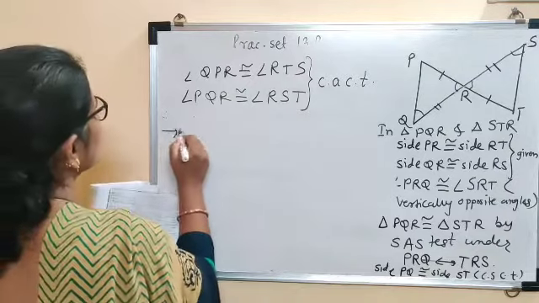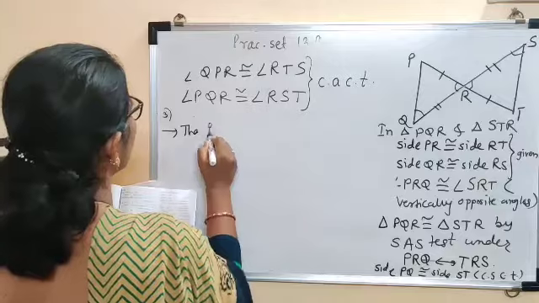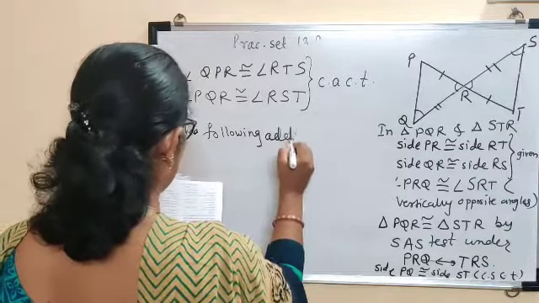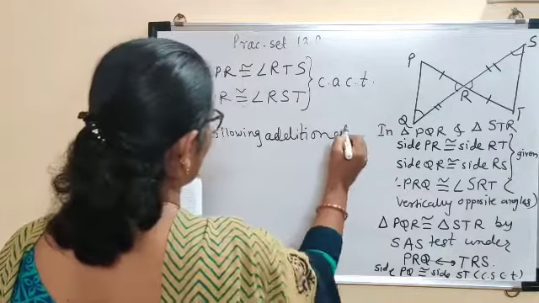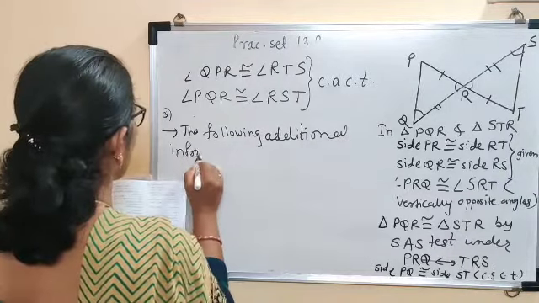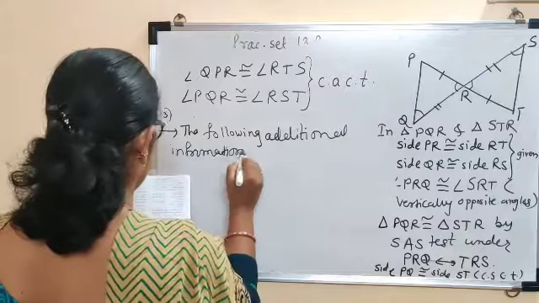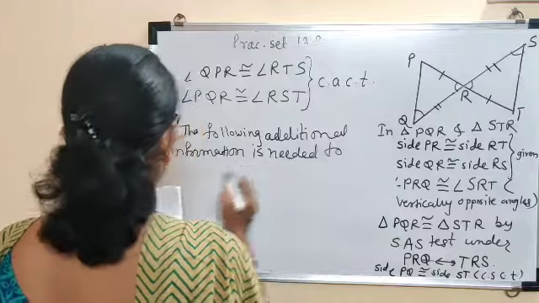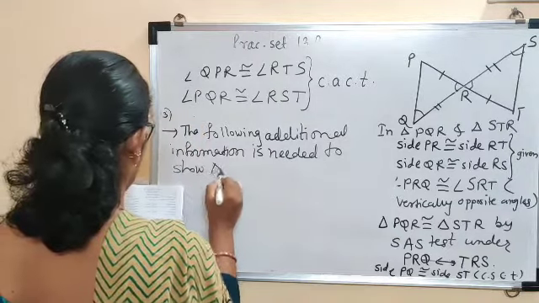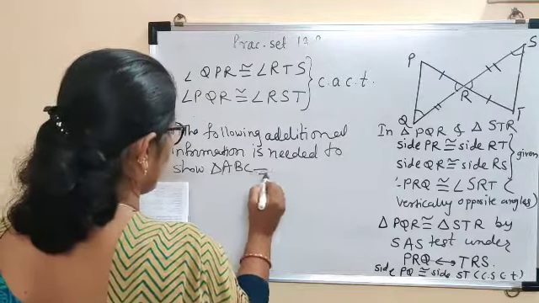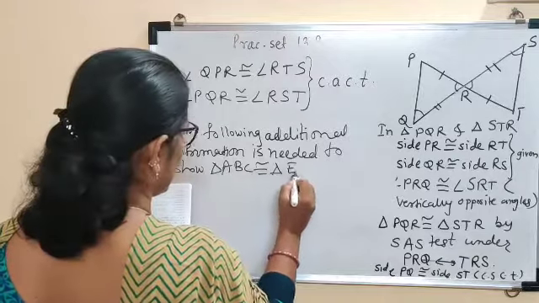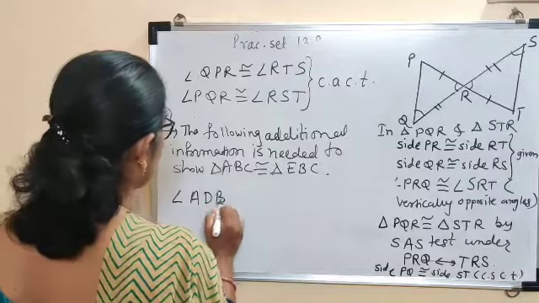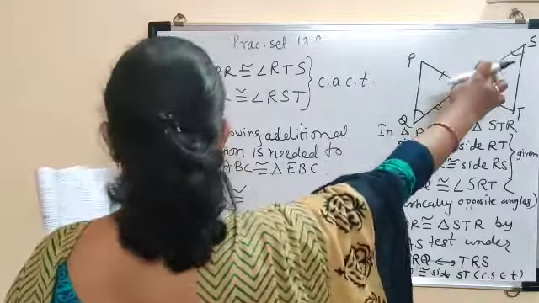So you have to write the following additional information is needed to show triangle ABD congruent to triangle EBC. That is angle ADB, which we have just written. The same figure is given.